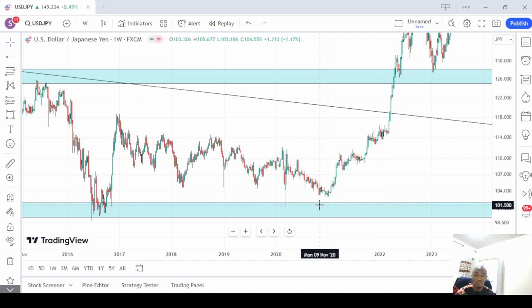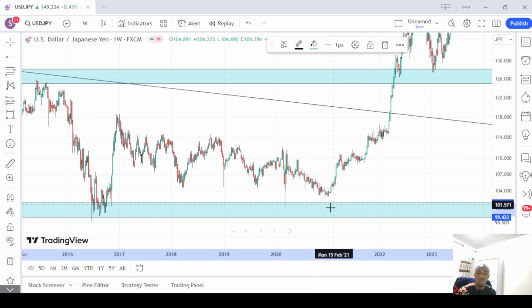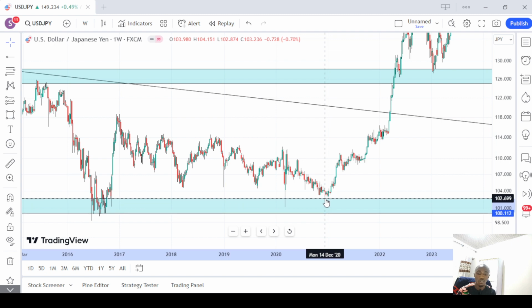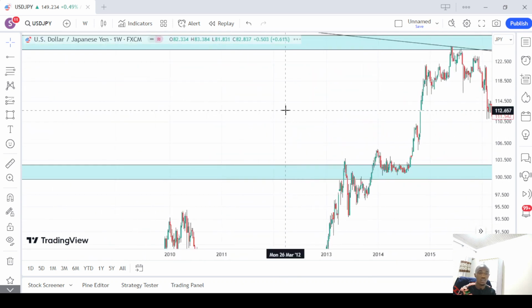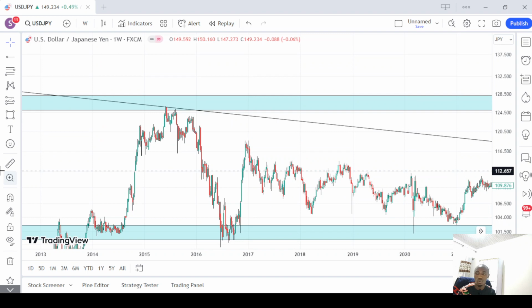As I've said, let me make some adjustment. So you unlock and you adjust. Let them touch. Yeah, good to go.